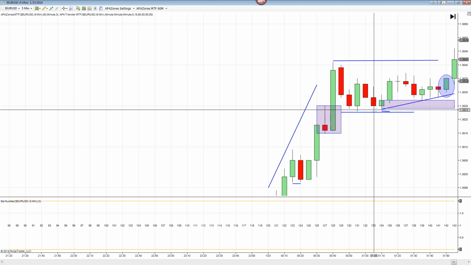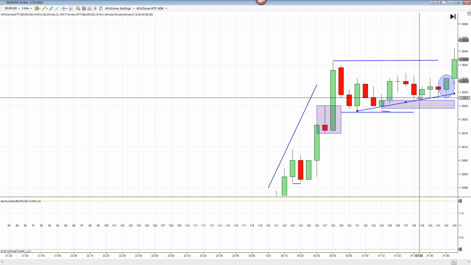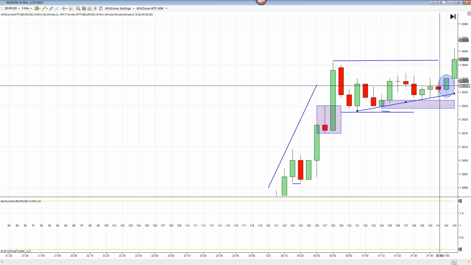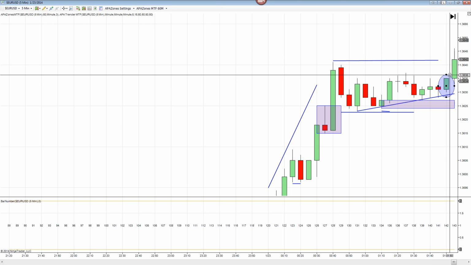So here's the lowest low on this little range area here. Higher low, higher low, higher low, and then engulf, in my definition of engulf right there. And so I'm not surprised to see this bar print a new high.